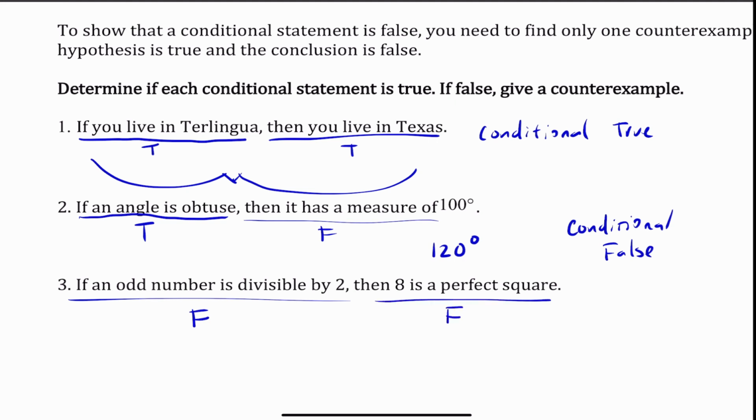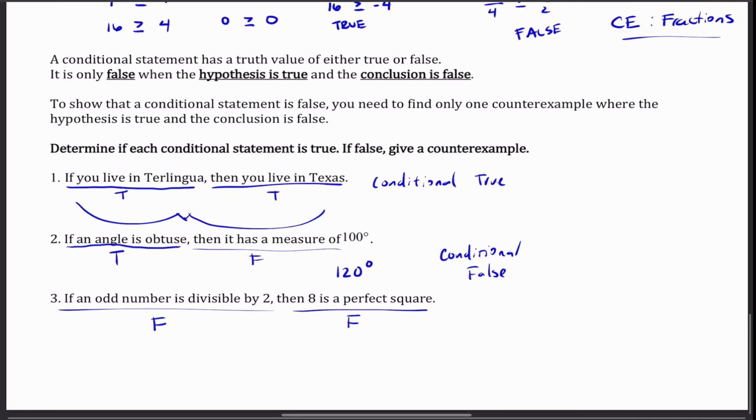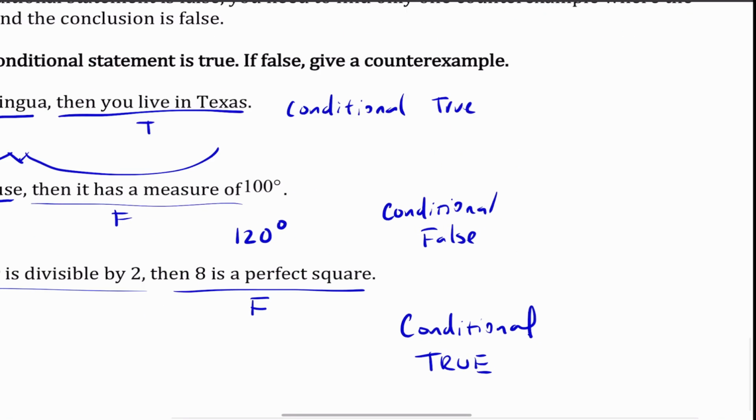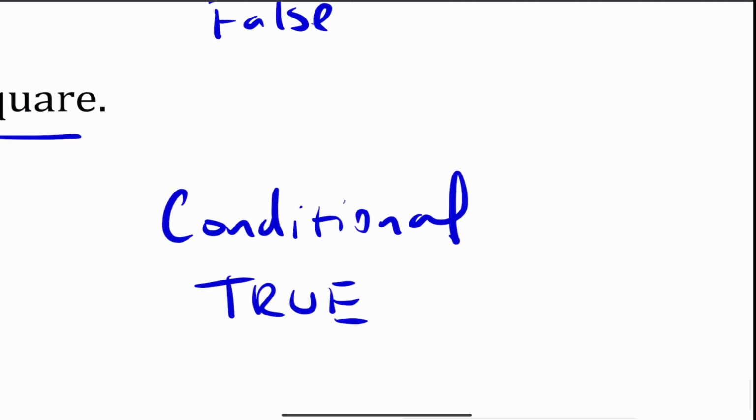So what does that mean if I have a false hypothesis and a false conclusion? Well, that means that the conditional is true. And why is it true?